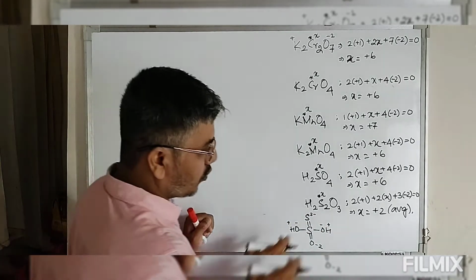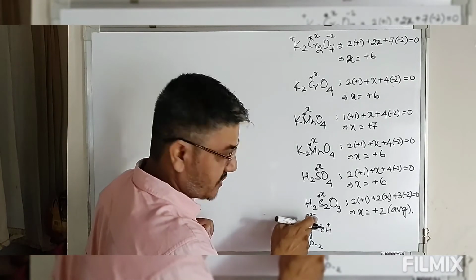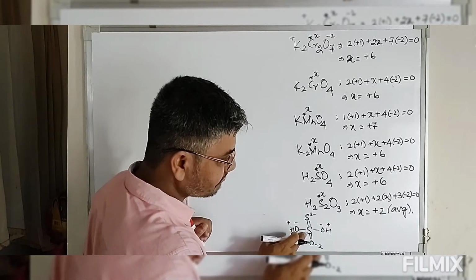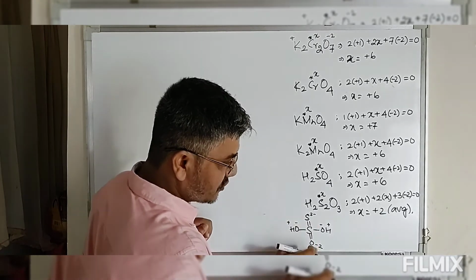Now look at this. One of these sulfurs is in -2 oxidation state. So if this is -2, let's see what the oxidation state of this other sulfur is.